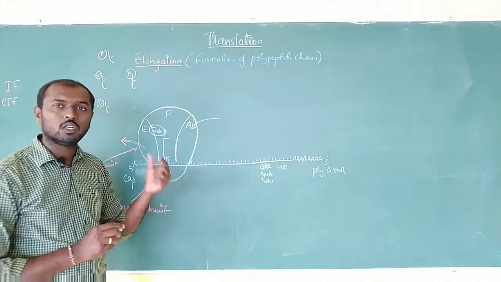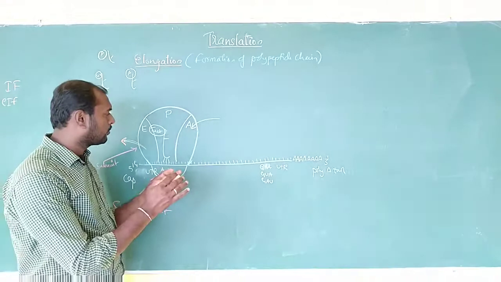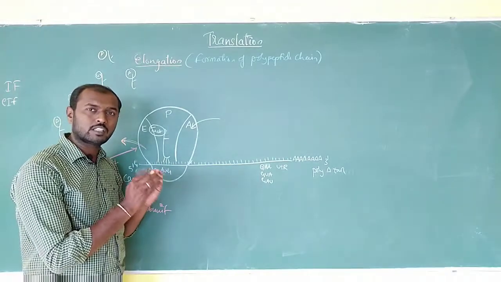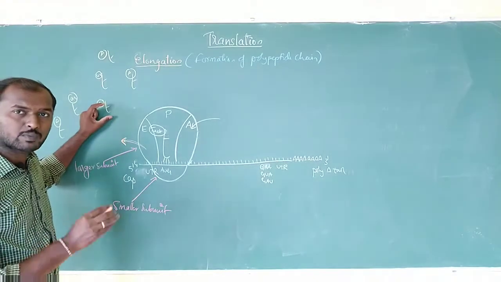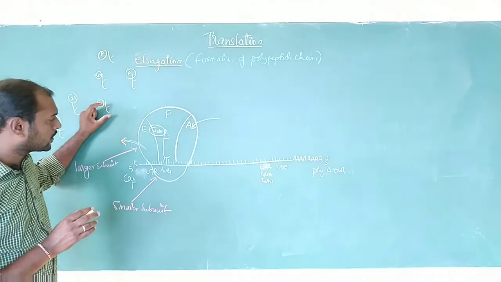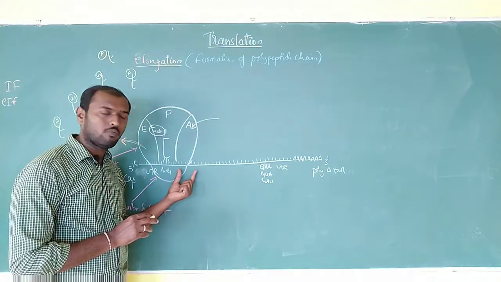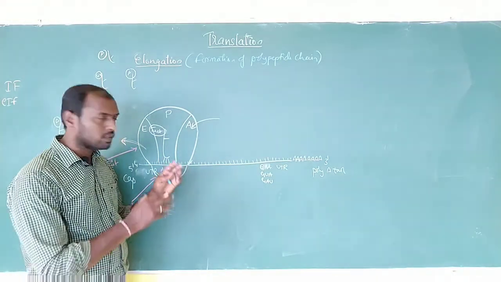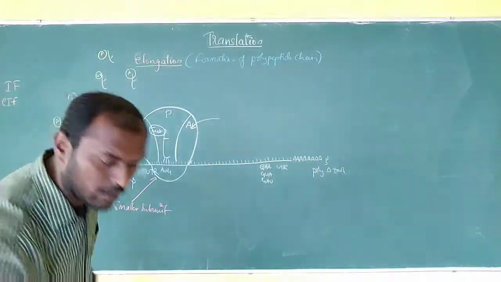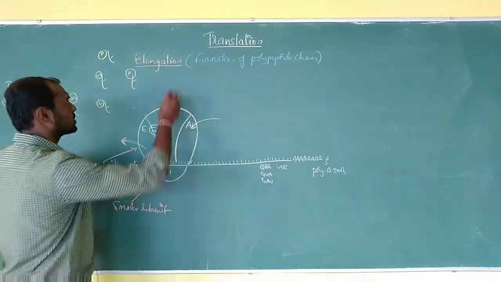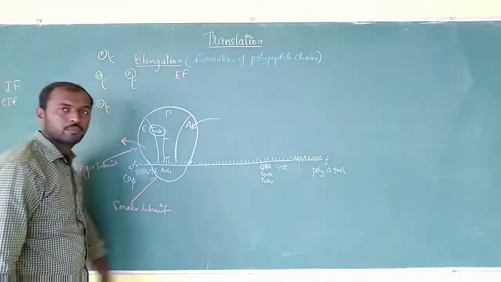Because of factors which are present in the cell cytoplasm, these tRNAs which carry a specific amino acid are able to bind to the mRNA with the help of factors. Those factors are called elongation factors.